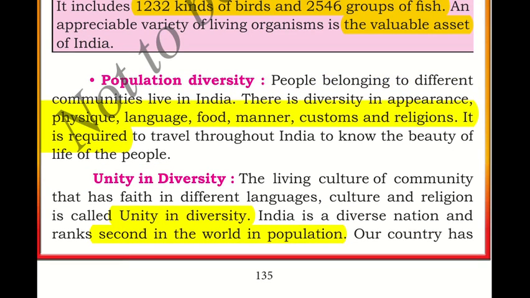Here we have the section Unity in Diversity. What did we learn? We learned that different people belonging to different languages, culture and religion living together in harmony can be considered as unity in diversity. So here we have the definition of unity in diversity. This should be included in your answers and into your discussion.